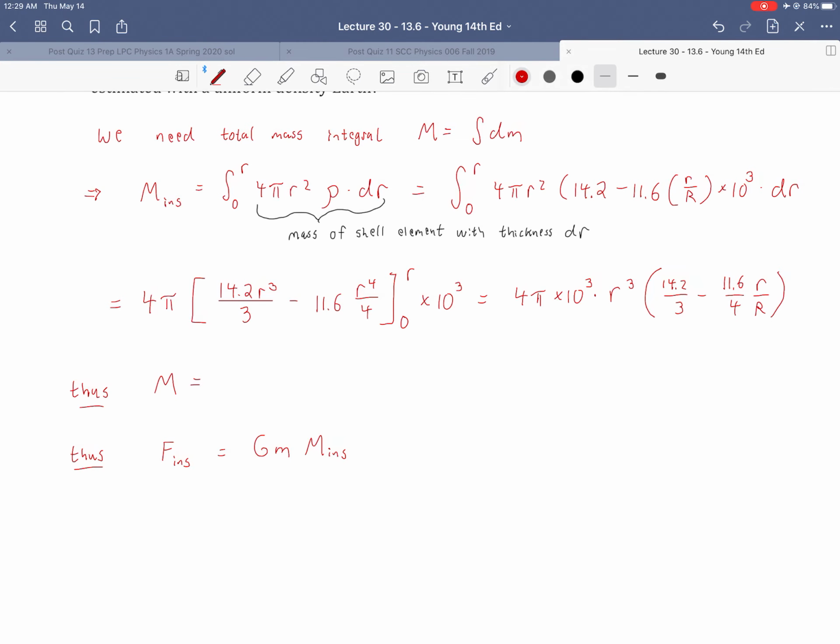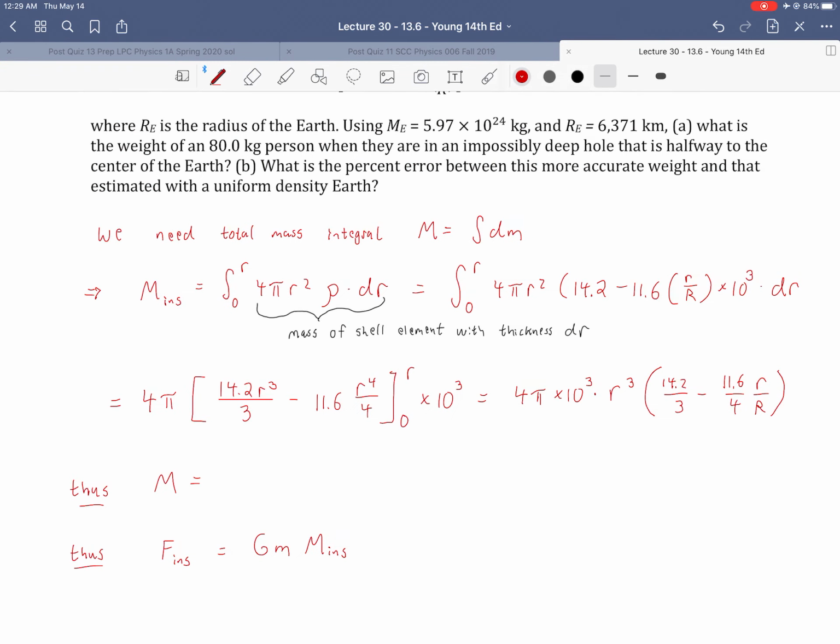Okay, so as a value, it's going to be just 4 pi times 10 to the third, which I'll just leave as 4 pi. I don't have to turn that one into a decimal. Then r cubed. And actually I can put units on this. This is kilograms per cubic meter, times the variable r cubed.